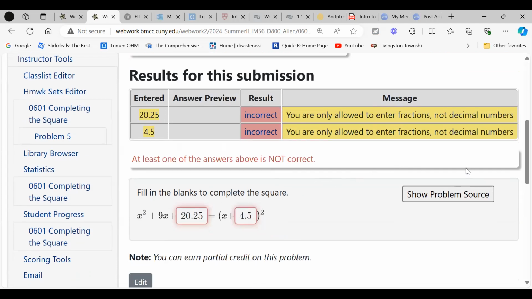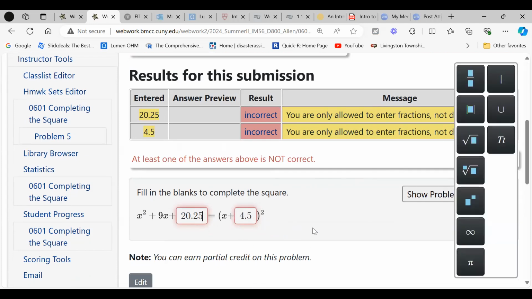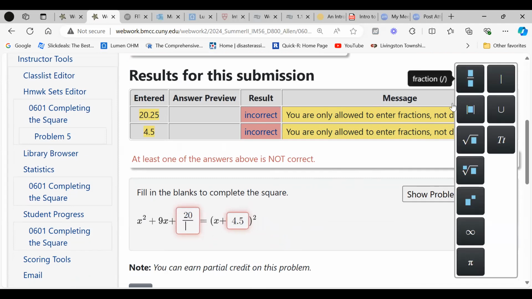To complete the square, only enter fractions, not decimal numbers. Okay, that means you've got to do 20 and a quarter, right? So it will be 81/4.